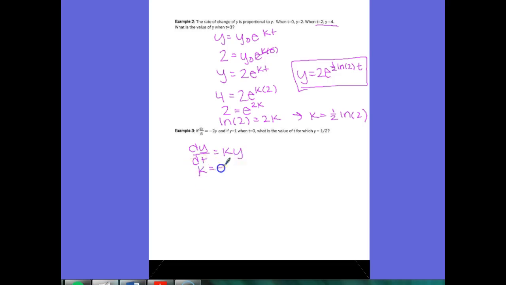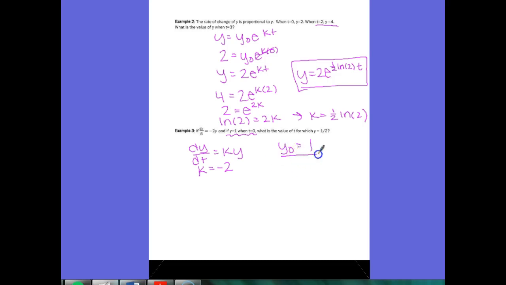So that means k is negative 2. It's the constant of proportionality. My y naught comes from the time t equals 0. So what's my y naught? It's 1, because at t equals 0, the y value is 1. Whatever the y value is when t is 0 is your y naught.